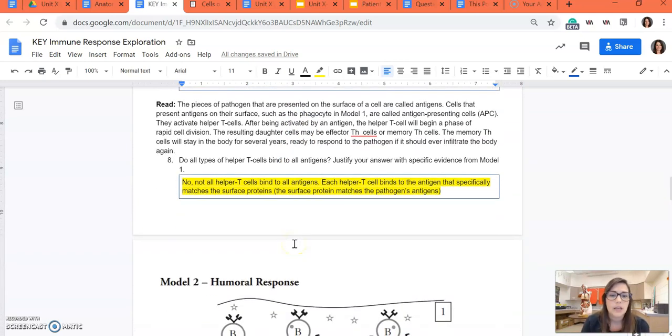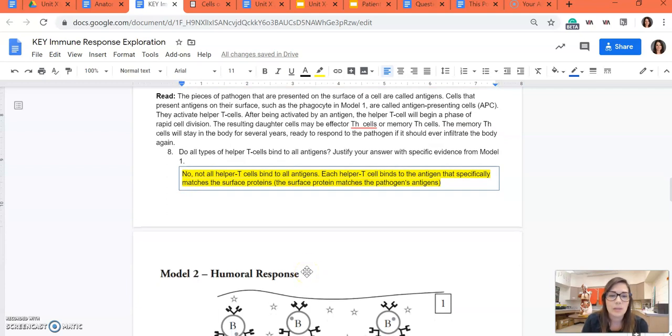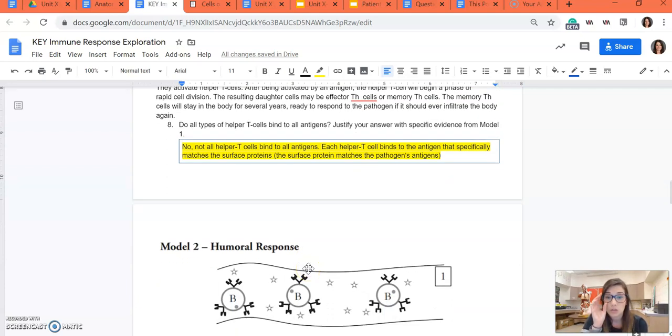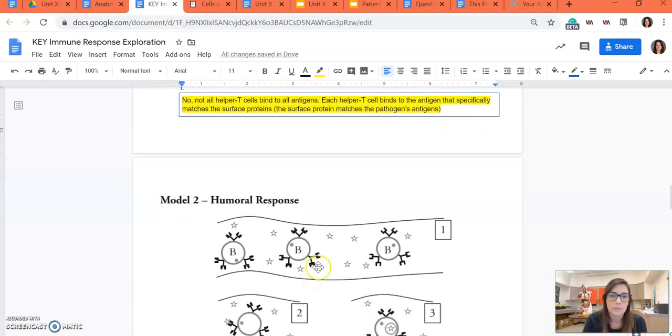Number 8, do all the helper T cells bind to all antigens? No, not all helper T cells bind to all antigens. Each helper T cell binds to the antigen that specifically matches the surface proteins. So the surface proteins match the pathogen's antigens, like a lock and key model. It's specific to the shape.